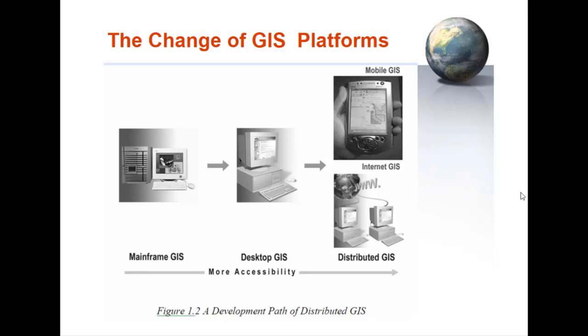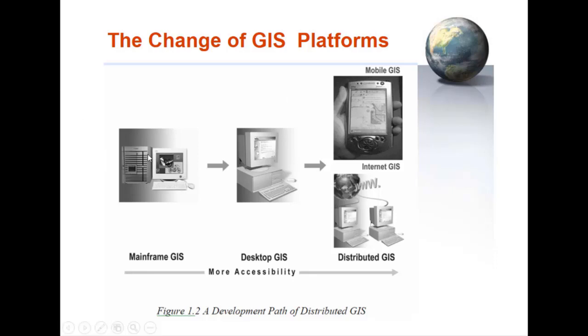I mean, not much latest, but in latest days we have experienced so many new things that have come up in this internet and mobile GIS or Web GIS. So Web GIS is also called Internet GIS.